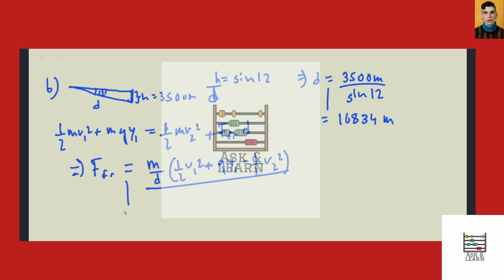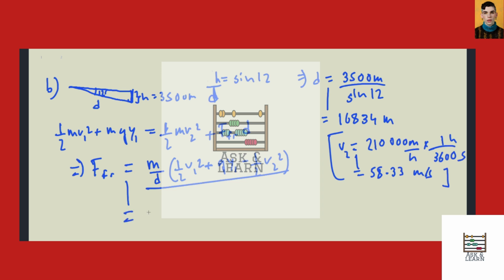And so, again, you have the unfortunate velocity v2 given in kilometers per hour. So 210 kilometers per hour times 1/3600 equals 58.33 meters per second. Okay, now we have everything.